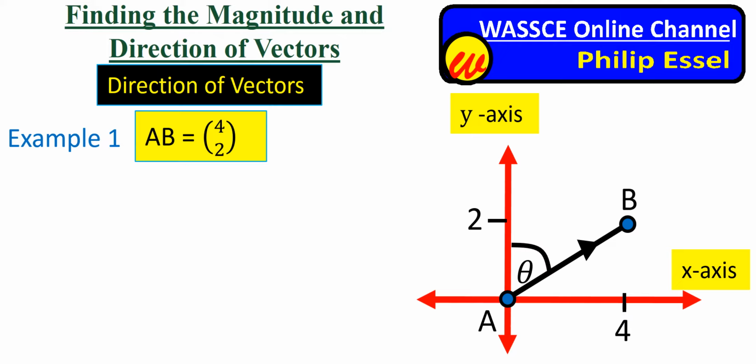Let's find its value. To find the value of that angle, we would first need to draw a right angled triangle in that region. So let's quickly draw it. We've drawn the right angled triangle, but we also need to know its opposite and its adjacent.